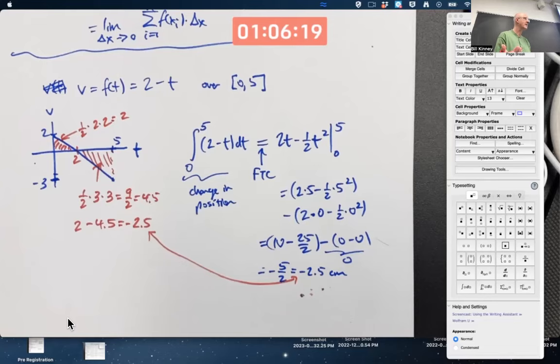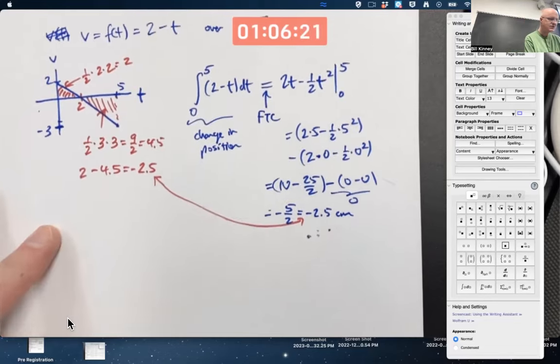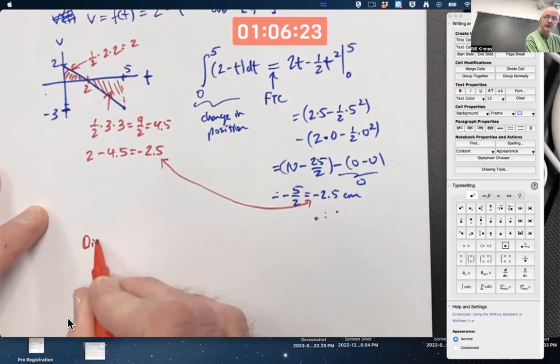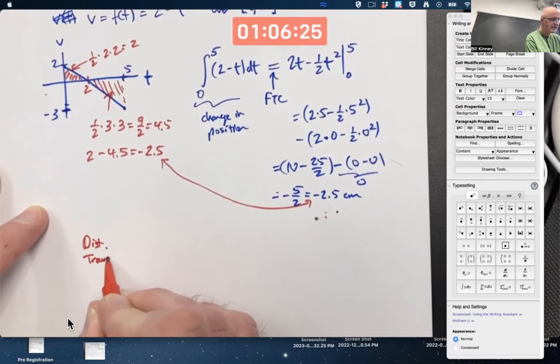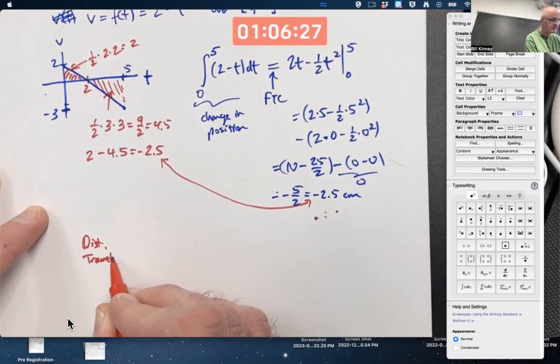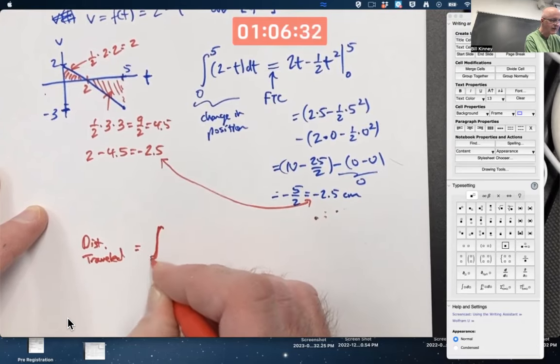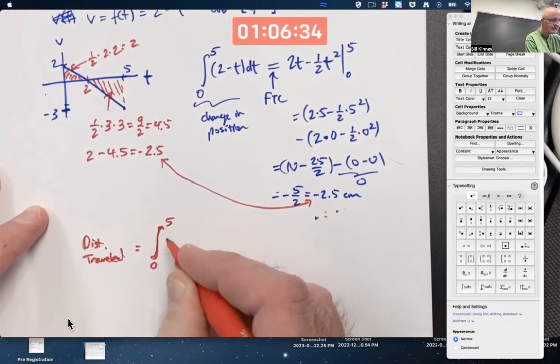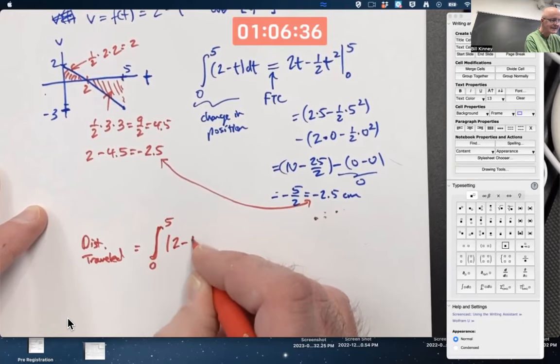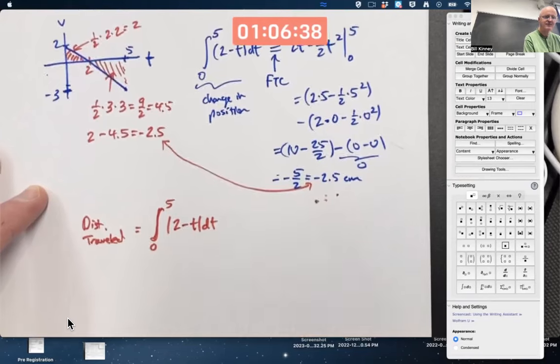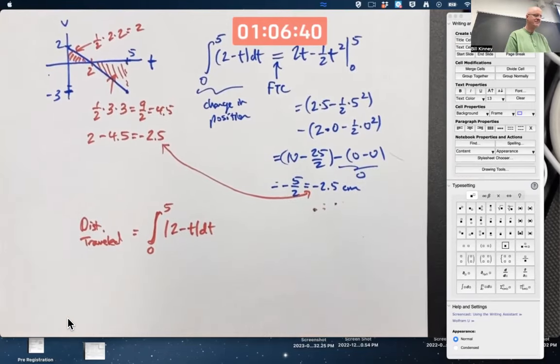So what's the distance traveled? The distance traveled would be the integral of the speed still, but the speed is now the absolute value of the velocity. Absolute value of 2 minus t.